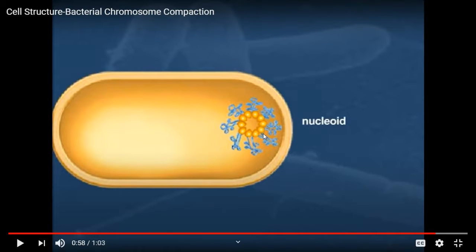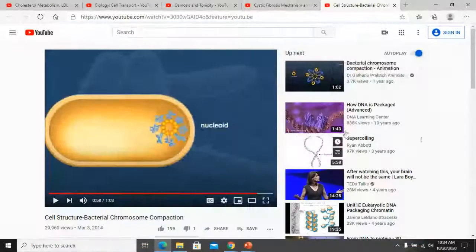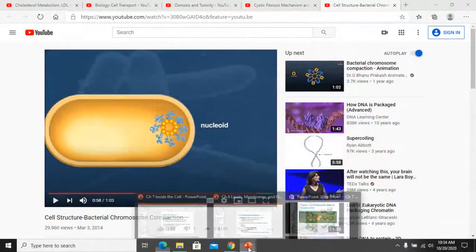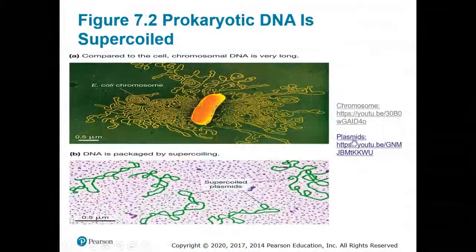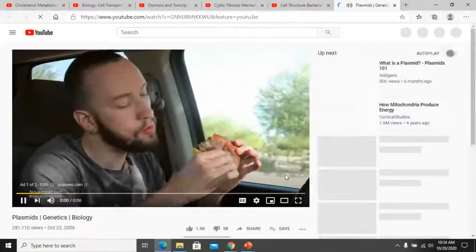Bacteria have only one chromosome that has genes in it. In order to fit inside of the cell, they must compact it into a nucleoid region. So that's important right there. Plasmids are another DNA storage site for bacteria.